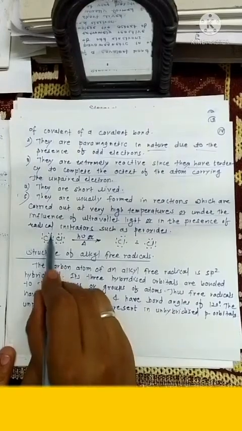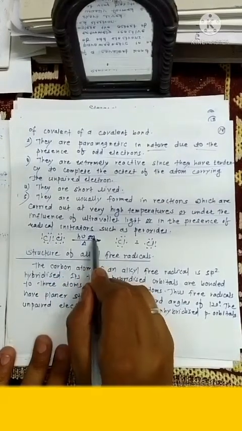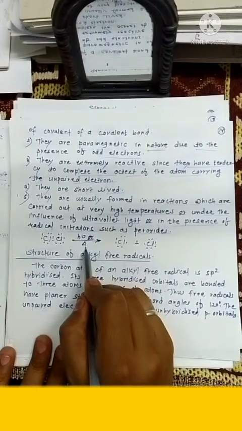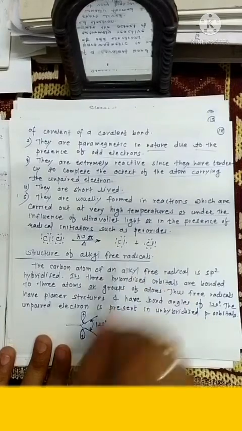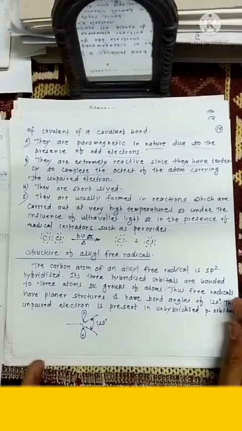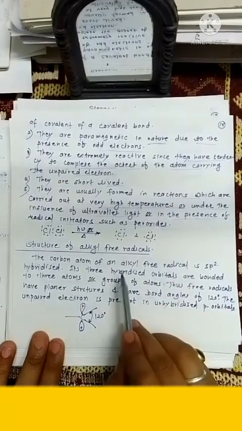So here we see that a chlorine molecule in the presence of ultraviolet radiation or under very high temperature gives chlorine free radical. Now we are going to see the structure of alkyl free radical.